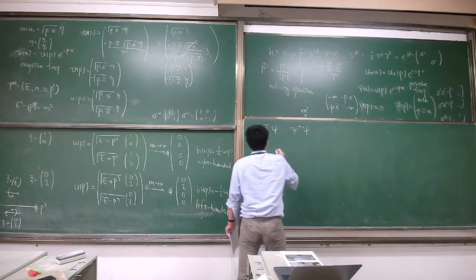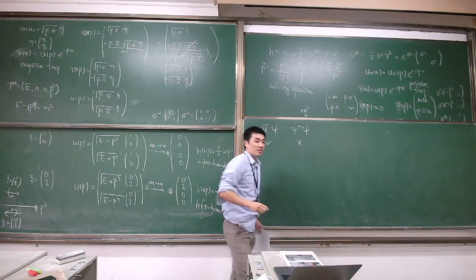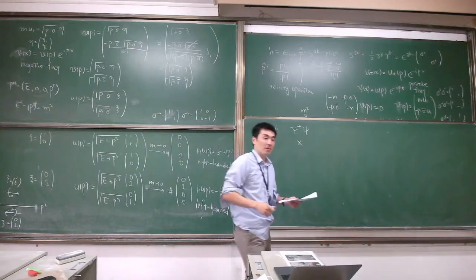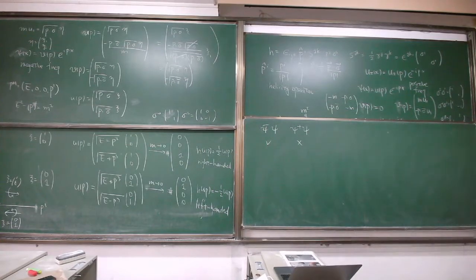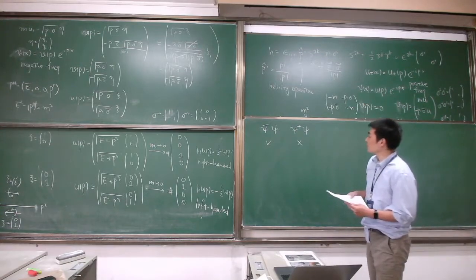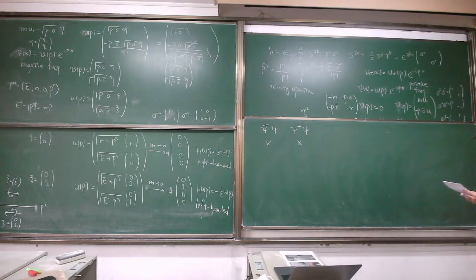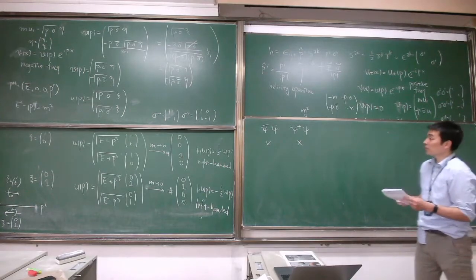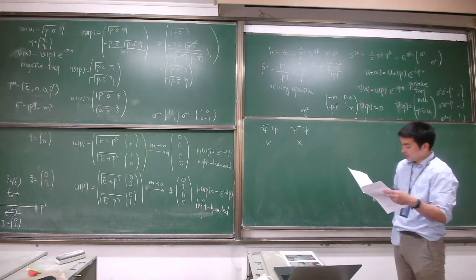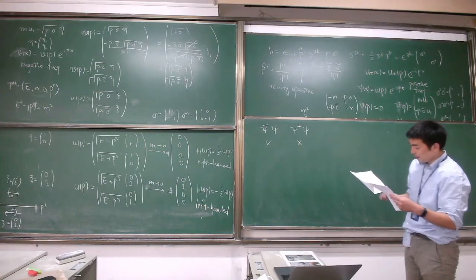Okay? This is Lorentz invariant. This is not Lorentz invariant. I already showed that last time. If you already forgot about it, you should watch last time's video. I think I explained it in great detail. And we can just see this one is not Lorentz invariant in the following way.